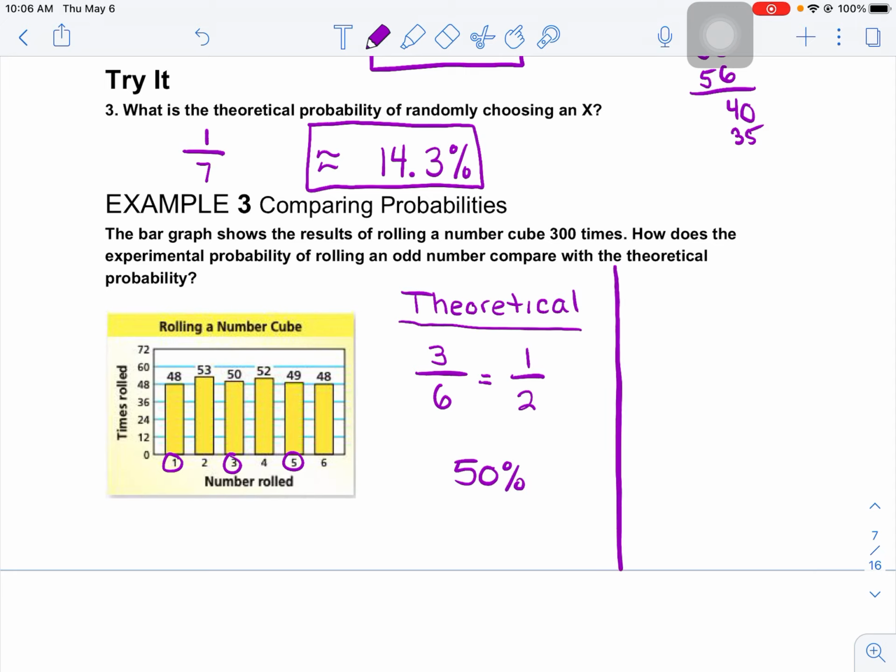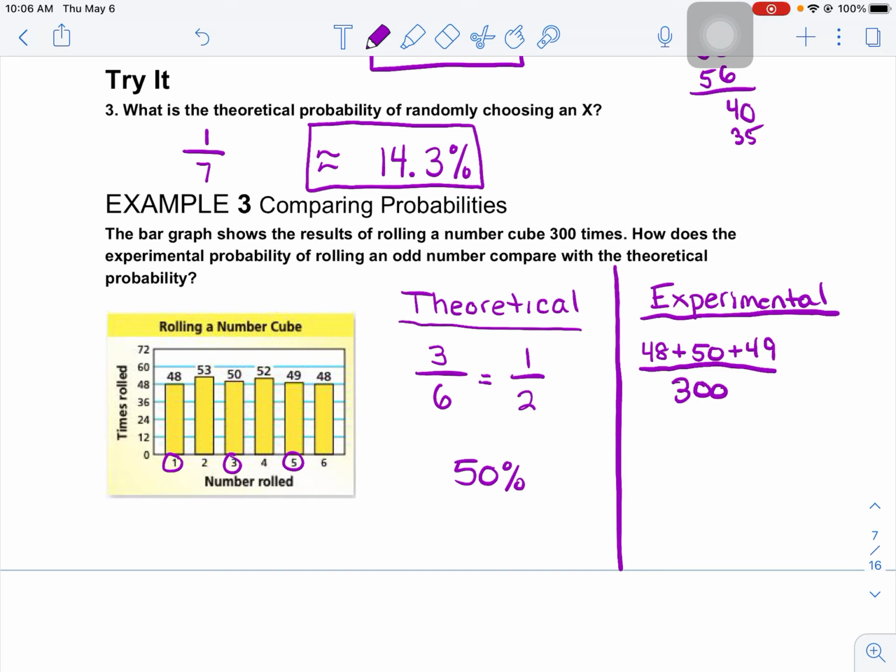All right, if we were looking at the experimental, we need to add up those pieces. So we have 48 plus 50 plus 49 over the 300 times.